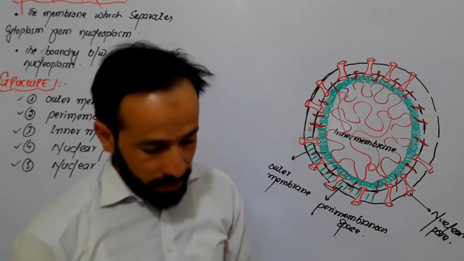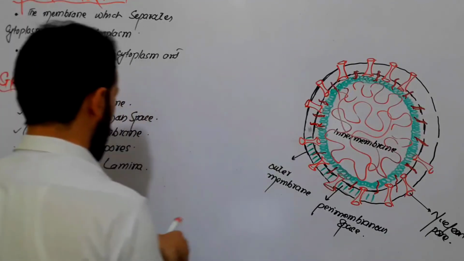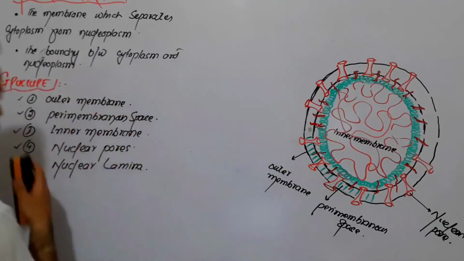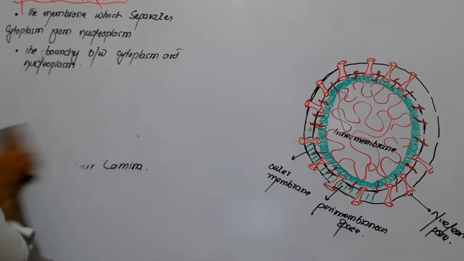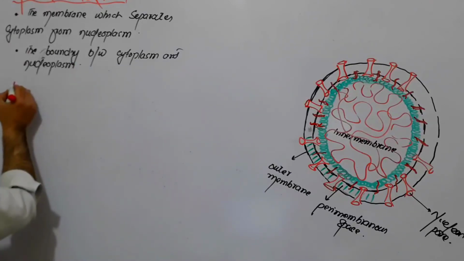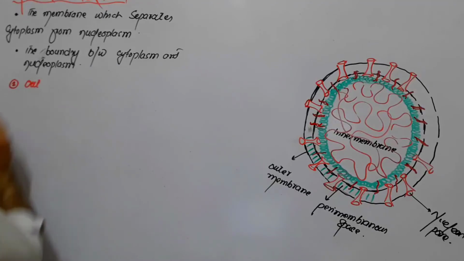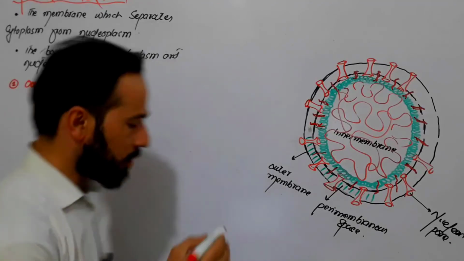So there is an outer membrane and there is an inner membrane. First of all I will discuss the outer membrane. Let me erase this part a little bit to have space to discuss everything in detail. The first thing I am going to discuss is the outer membrane.